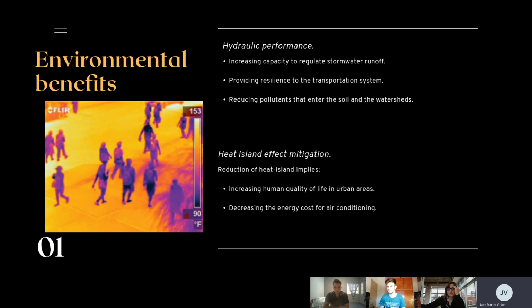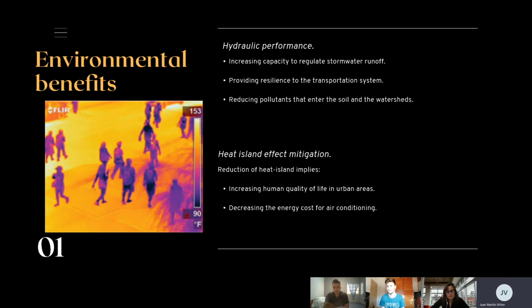The second benefit is heat island effect mitigation. The effect is generated by the high density of buildings in urban areas, because buildings and dark surfaces absorb solar radiation, elevating the ambient temperature, and as a result, affects the life of human beings.